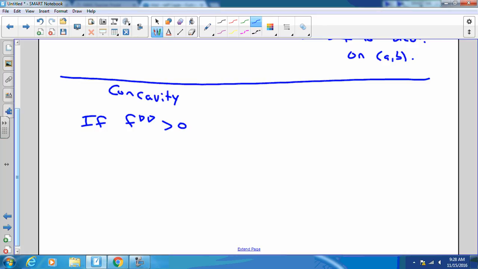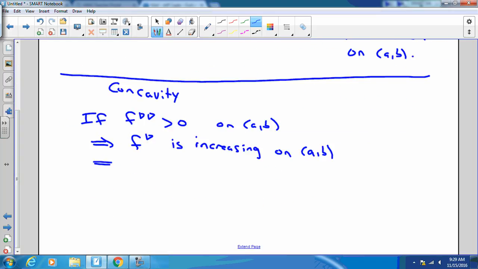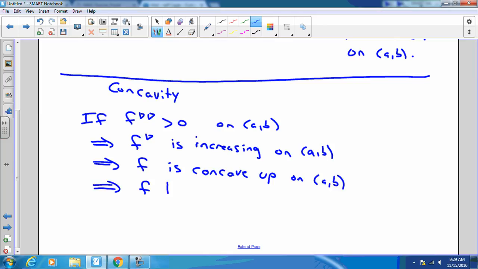If f double prime is positive on the open interval a to b, then the following things are true. f prime is increasing, which is a direct result of this theorem right here applied to f prime. f is concave up on a to b, and f lies above its tangents.